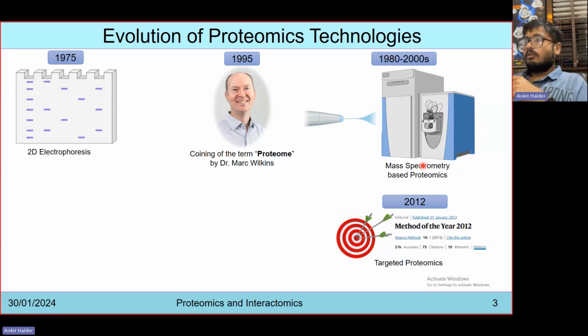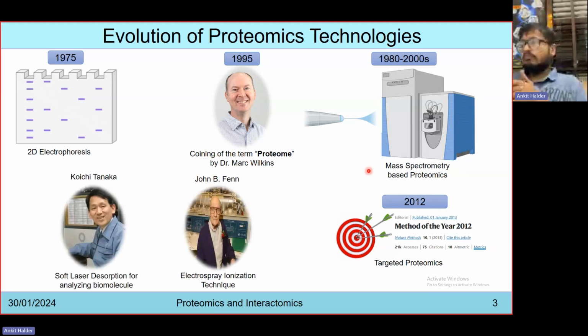All these approaches and advancements were only possible because of two scientists who found a way to ionize proteins without denaturing them, which is known as soft ionization, and the invention of electrospray ionization techniques.